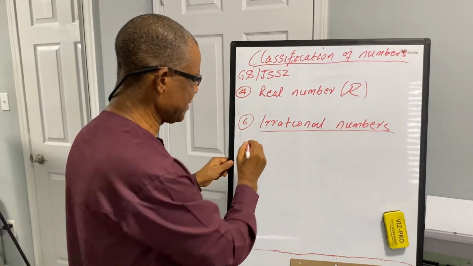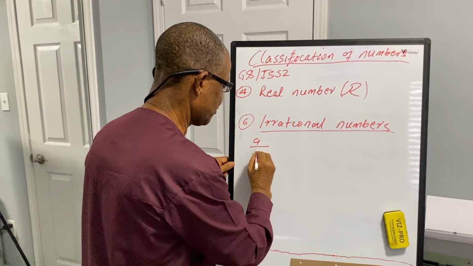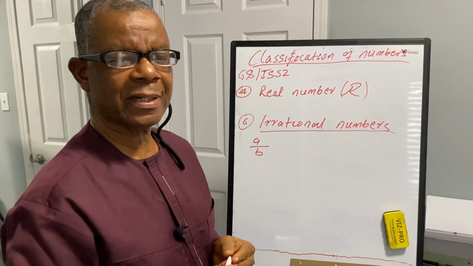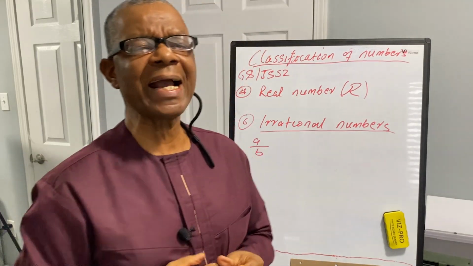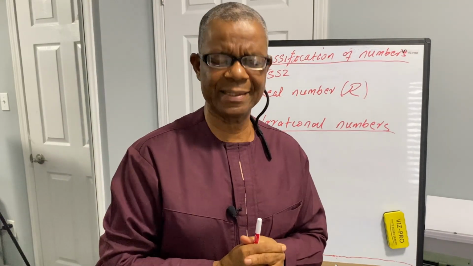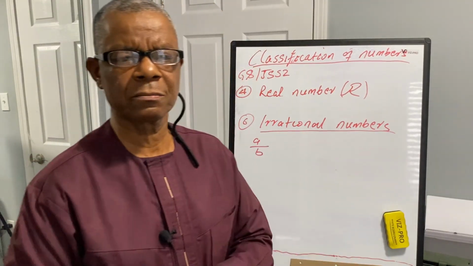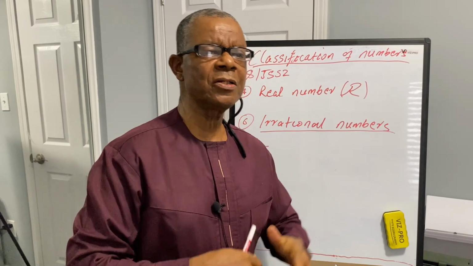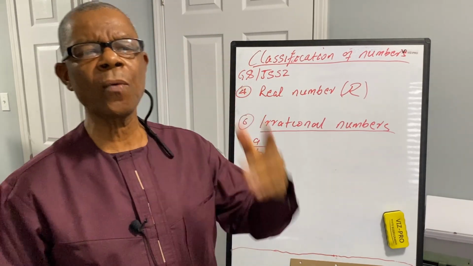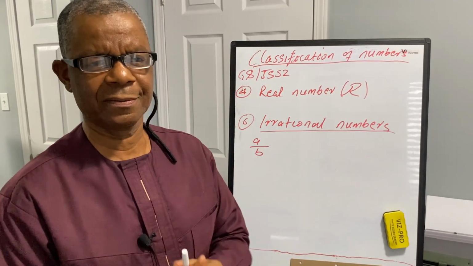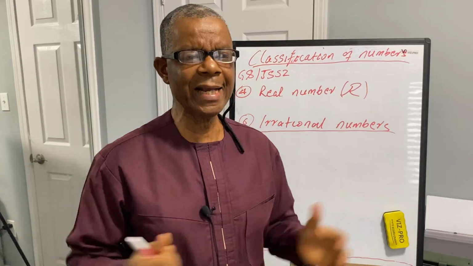You cannot write them in exact fraction. And when you are dividing them, they have no end, and it won't recur. Maybe 0.812, it continues. It has no end.